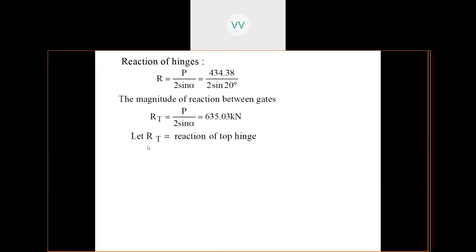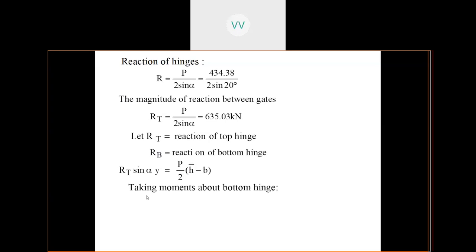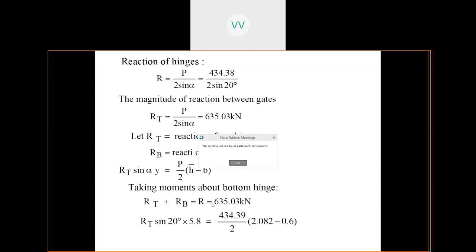So let RT be the reaction of the top hinge, and RB the reaction of the bottom hinge. Taking moments about the bottom hinge: RT sine alpha into Y is equal to P by 2 into H bar minus small b. So RT plus RB is equal to R, that is 635.03 kilo newtons.